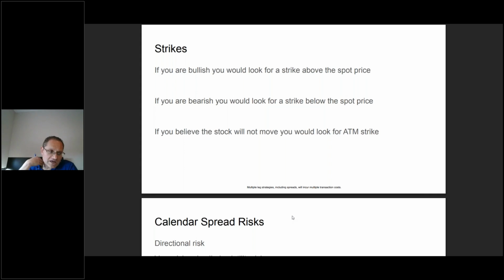And the reason for that is when you think of a calendar spread, we're short one option, and if the stock floats to that strike and sits there on that first expiration, that premium goes to zero, it becomes worthless, and you keep all the premium that you sold it for. However, the second option will now be at the money.